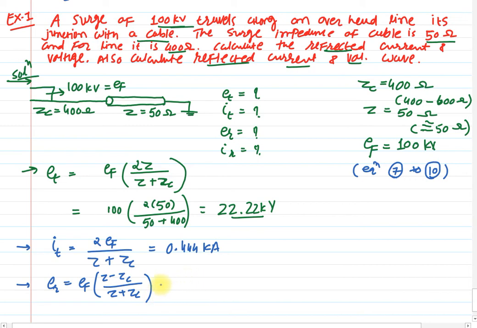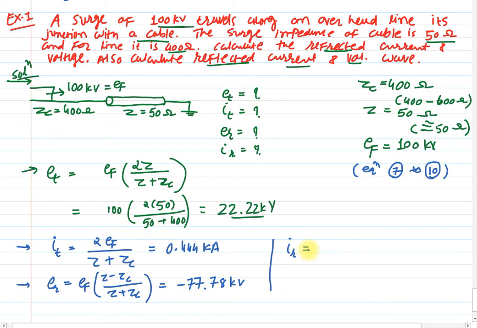Clear? So the final answer for ER is equal to minus 77.78 kilovolt. Yes, clear?